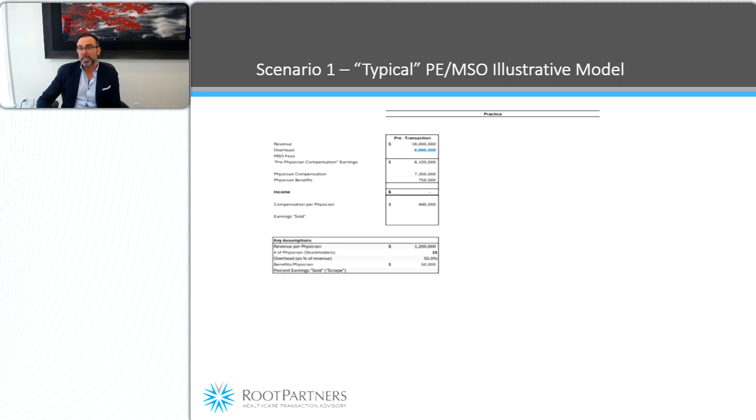What we have seen just anecdotally in the last couple of years as interest rates have been higher is that a lot of the transactions, in fact, are taking existing platforms like this and adding in additional practices. We call them bolt-on or tuck-in acquisitions because the cost of capital has become much higher. But it's something to note. In this particular example, this is a platform, an initial acquisition within a market. It's a fairly sizable business.